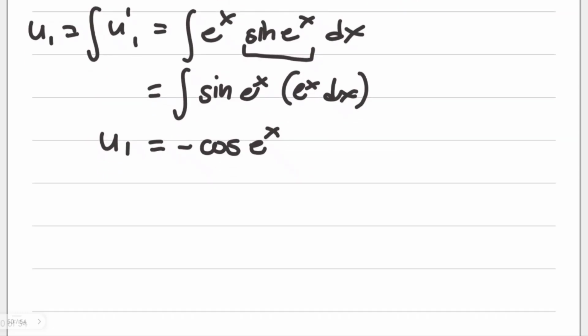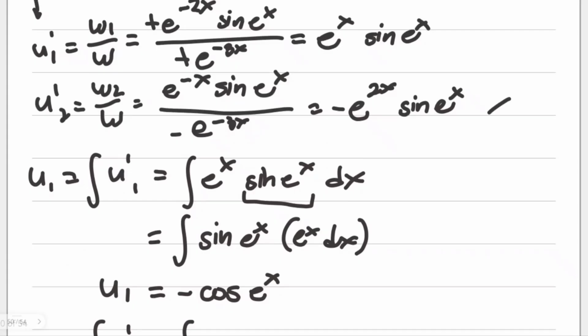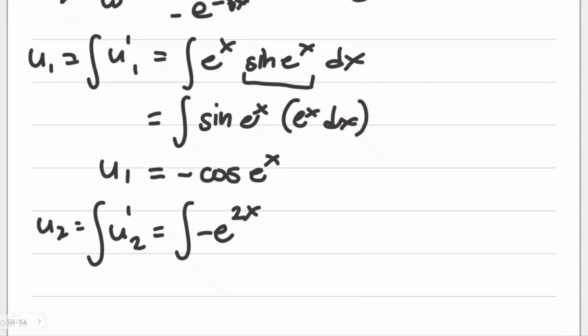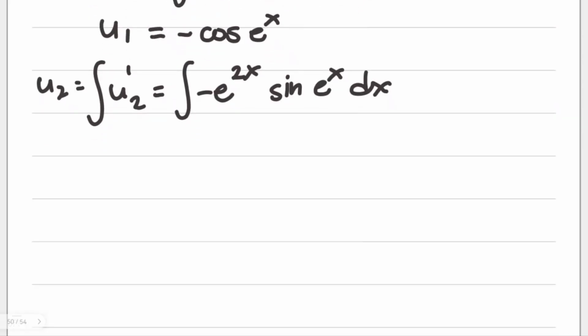That's our u sub 1. For our u sub 2, you will have here the integral of u prime sub 2. So you will have here the integral of negative e to the power of 2x sine e to the power of x dx. Okay, let's apply here integration by parts, because we cannot separate. We can have this one negative.